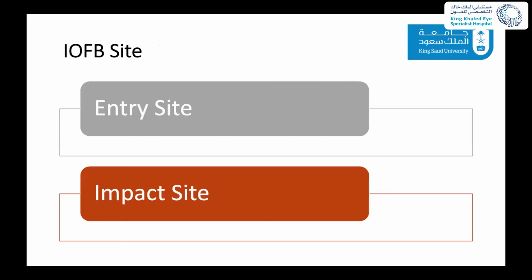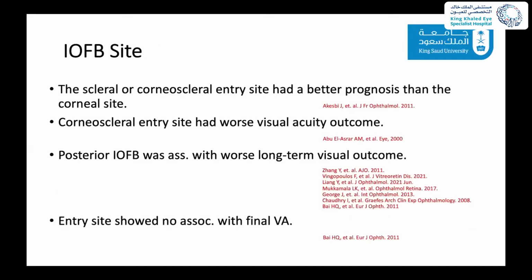As for the site of intraocular body, we are talking about two things: the entry site and the impact site. The scleral entry, or a corneoscleral entry, was found to have a better prognosis than a clear corneal entry.